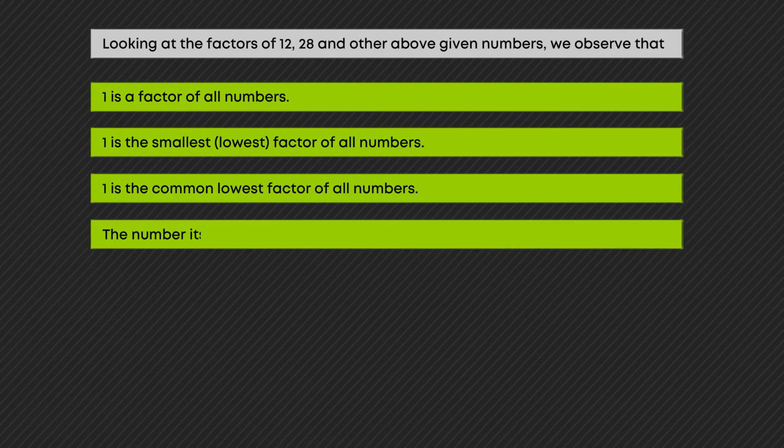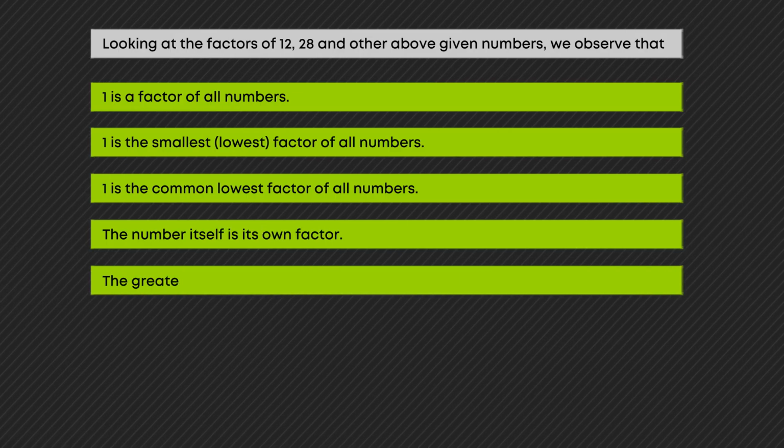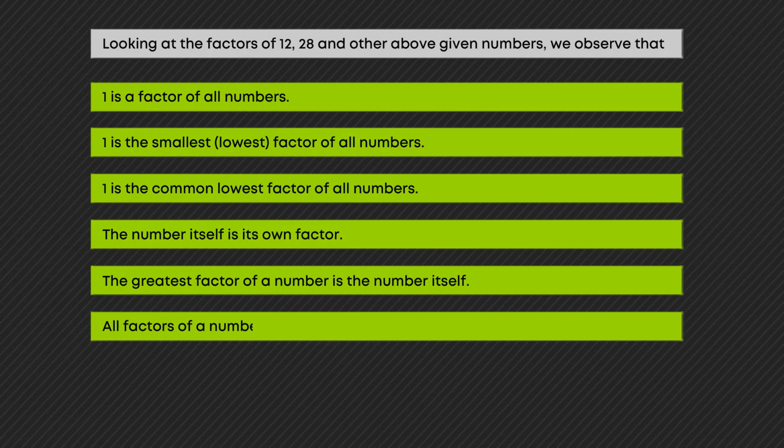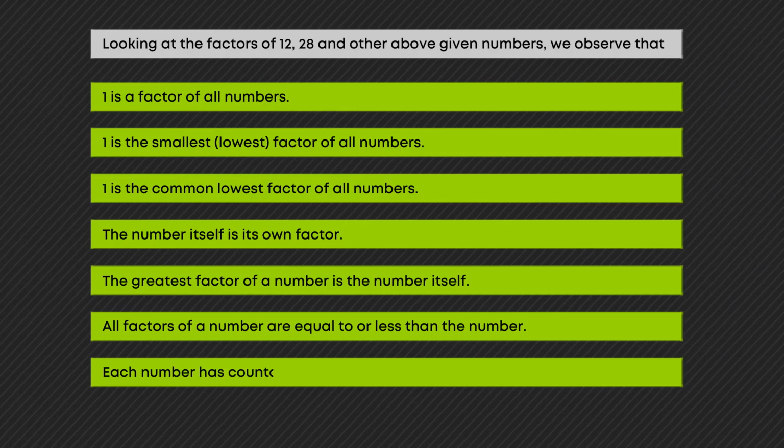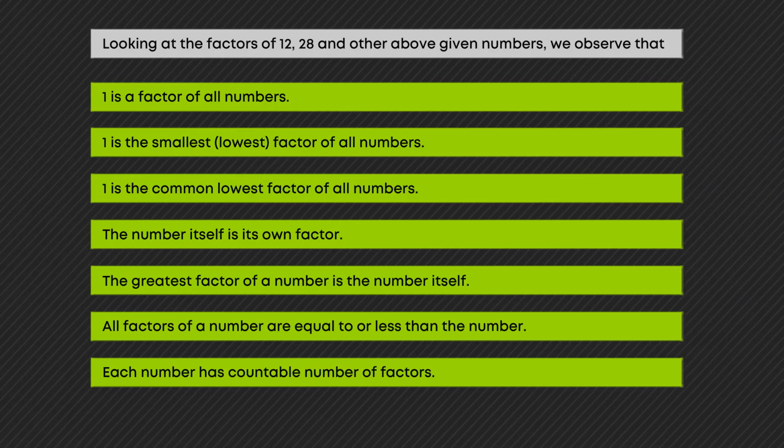The number itself is its own factor. The greatest factor of a number is the number itself. All factors of a number are equal to or less than the number. Each number has countable number of factors.